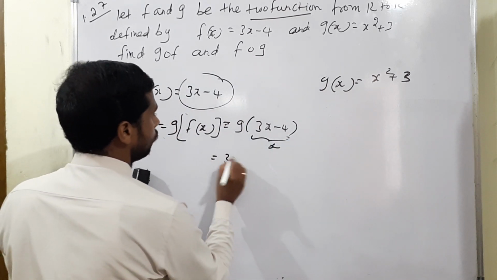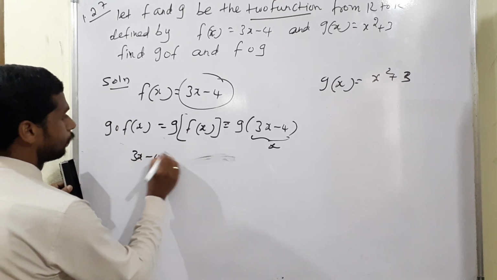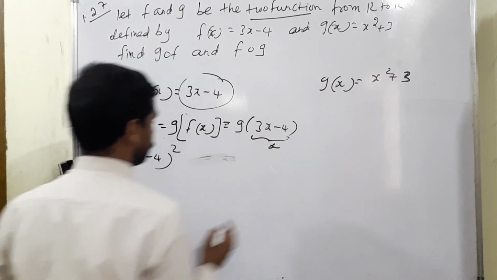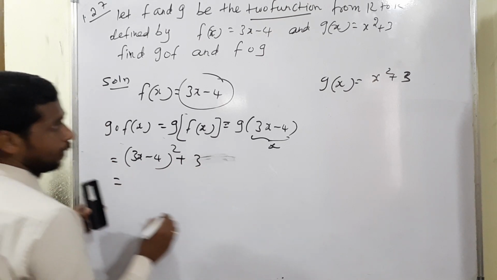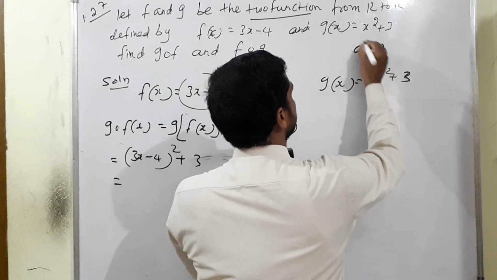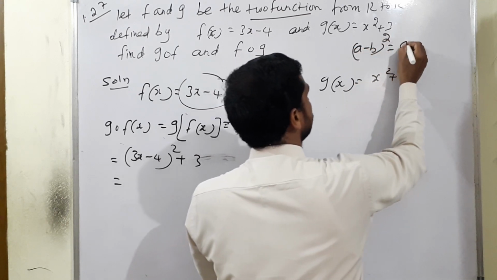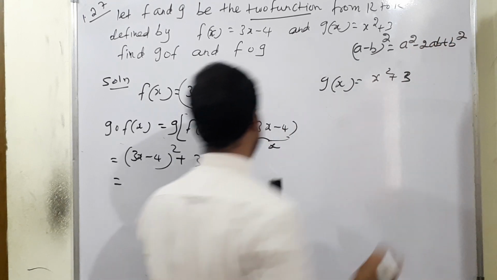So, 3x minus 4 the whole square, remaining plus 3 is there. This is a minus b the whole square form, so the formula is a square minus 2ab plus b square.